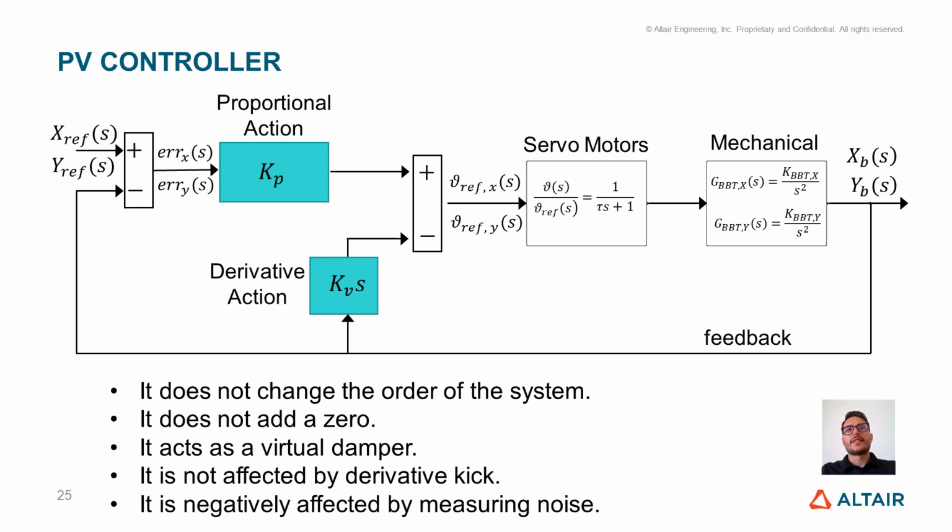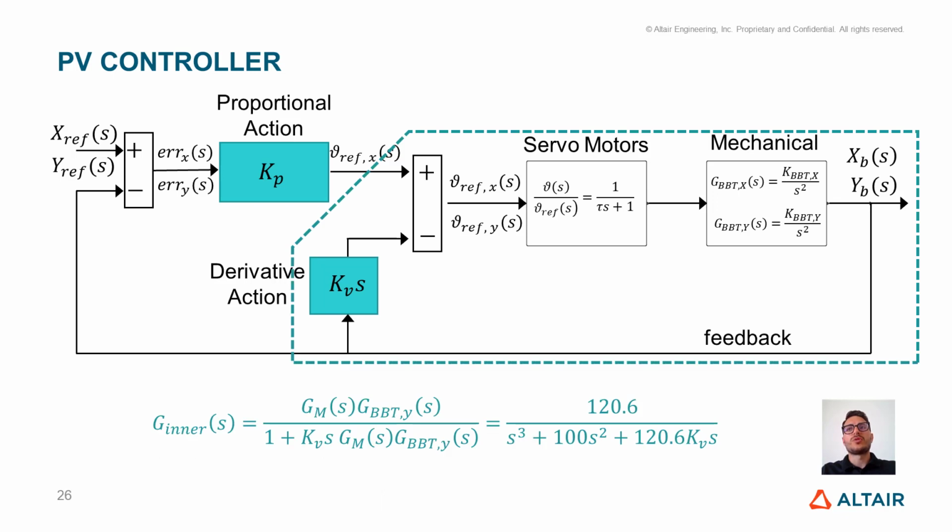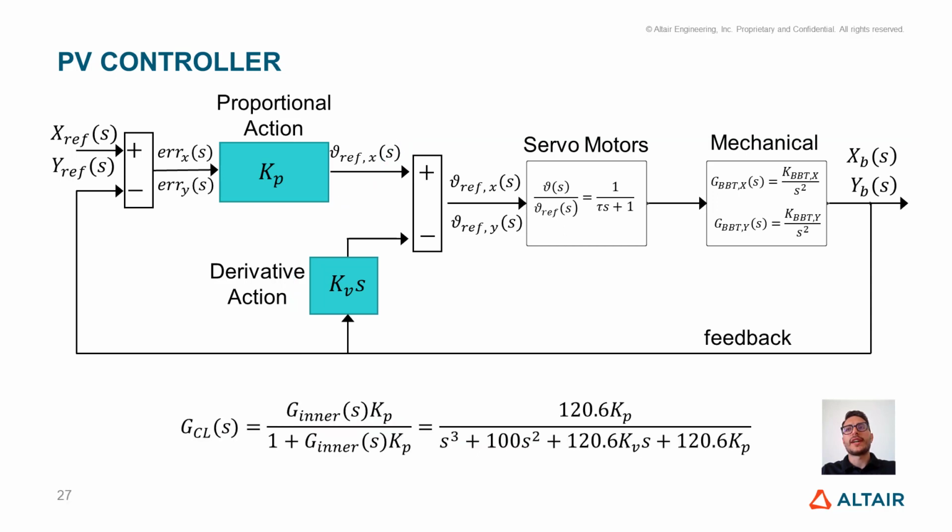Now, let's design it, and let's compute the closed loop of this block diagram. We make an intermediate step, which is the computation of closed loop transfer function of the inner loop, and then we can easily compute the closed loop transfer function of the whole block diagram. If we look at the denominator of this transfer function, which we remember is the characteristic polynomial, we can see that it is of the third order, and it is the same as the one we have obtained for the proportional derivative controller.